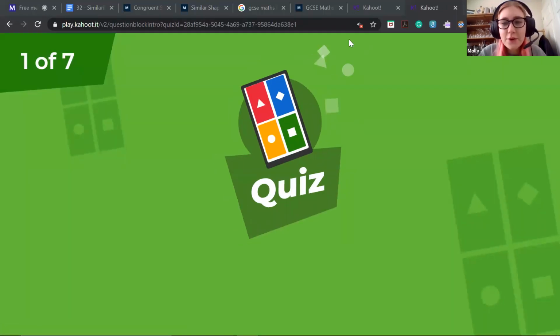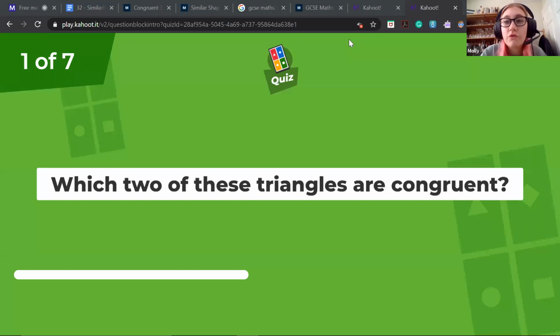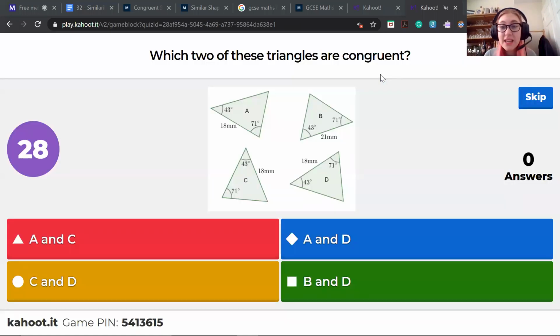Okay, so this first one, which of these two triangles are congruent? Don't worry if you have no idea what this means, you can just leave the question. And by the end, hopefully, we'll be able to tell which one of these are congruent and give a reason.